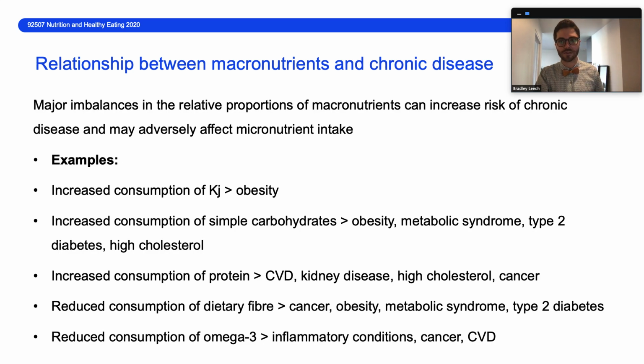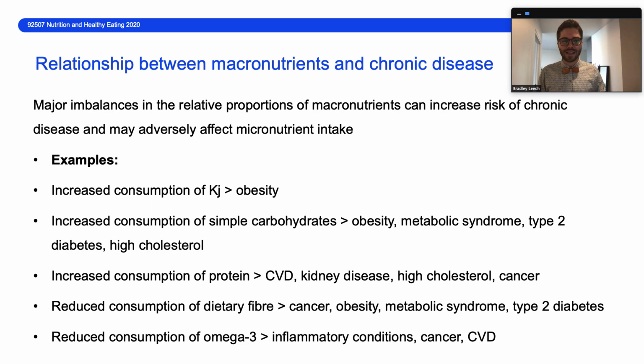Surprise, surprise. An increased consumption of simple carbohydrates. So remember, simple carbohydrates are things like refined sugar and refined grains, where they have an effect on our glycemic index. These simple carbohydrates can go on and result in obesity and metabolic syndrome.